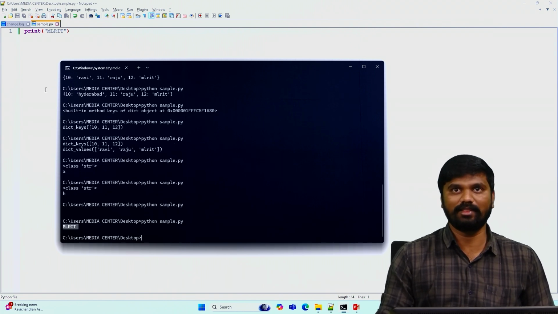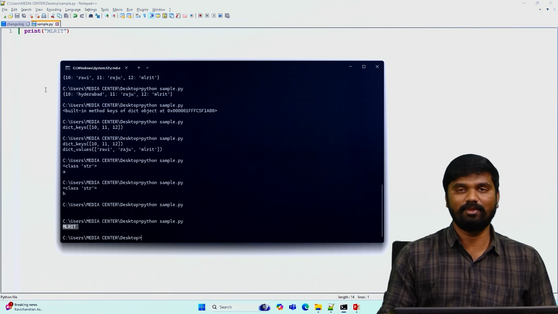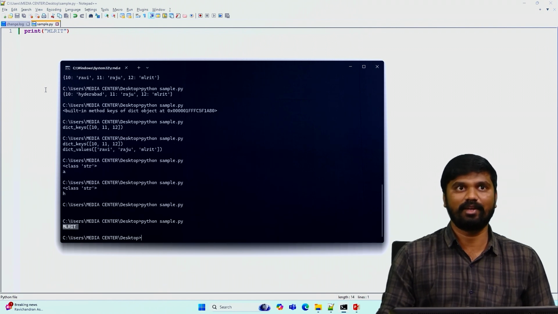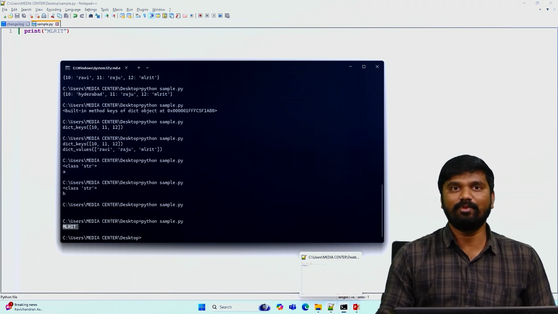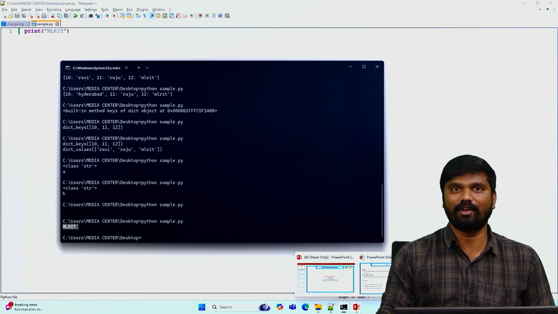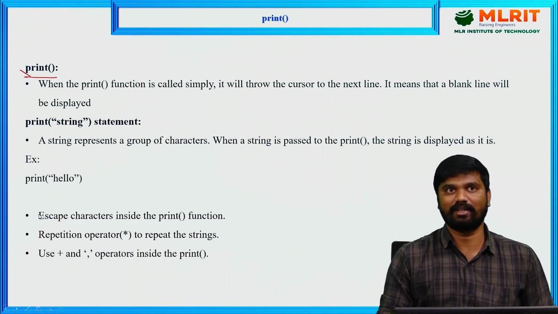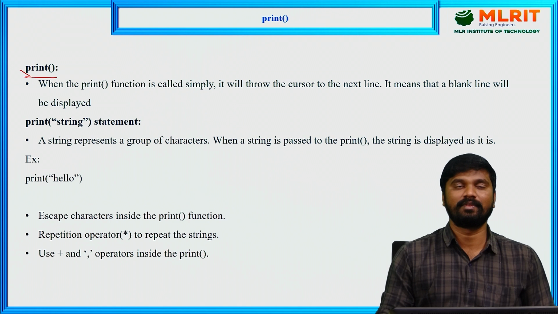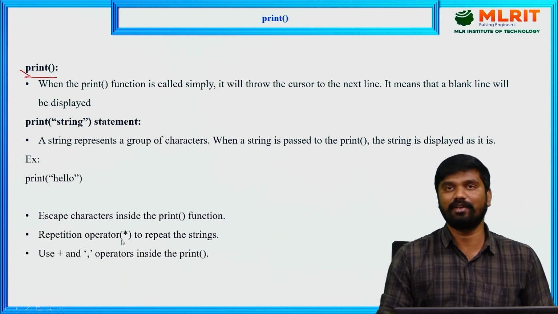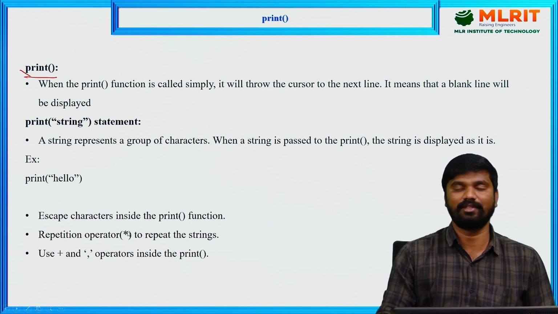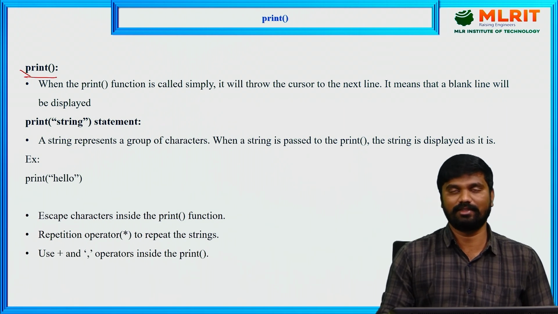So in Python, what does the output statement mean? The print function. Next, one more thing about these string formats of the print function. We can also use escape characters inside the print function, and also the repetition operator. We are going to discuss the repetition operator in the next topic, the operators concept.